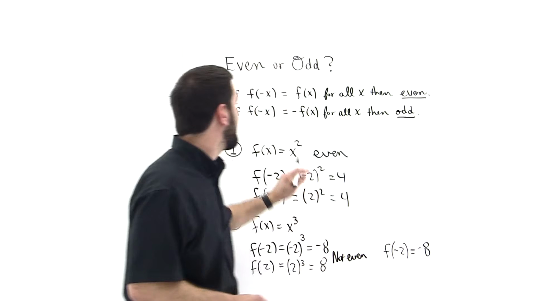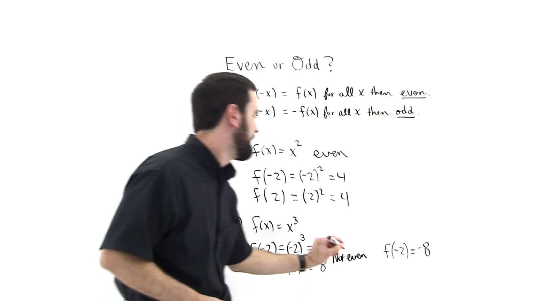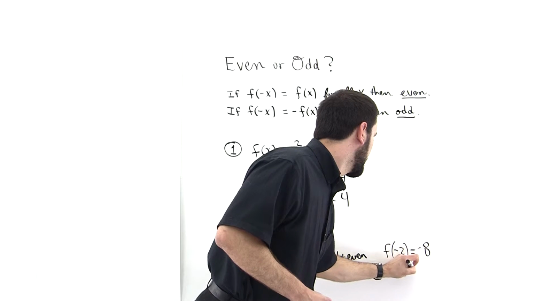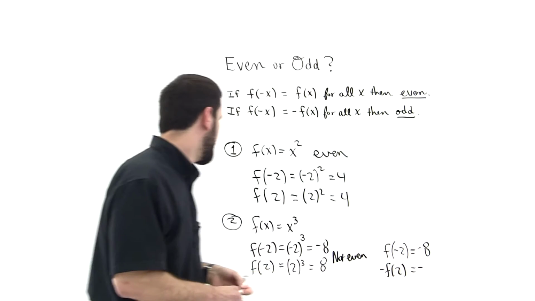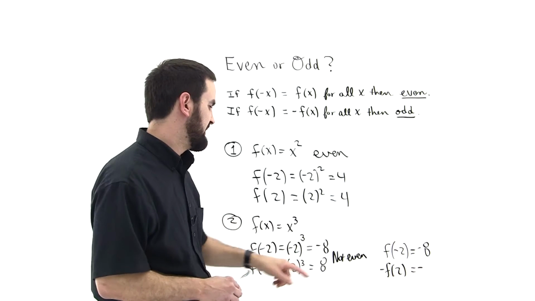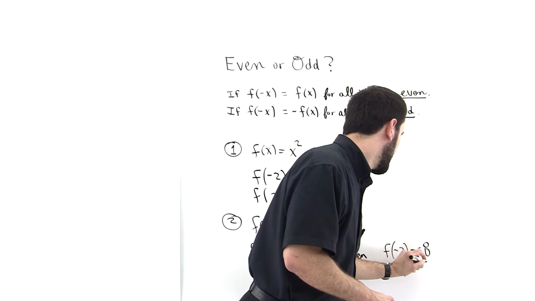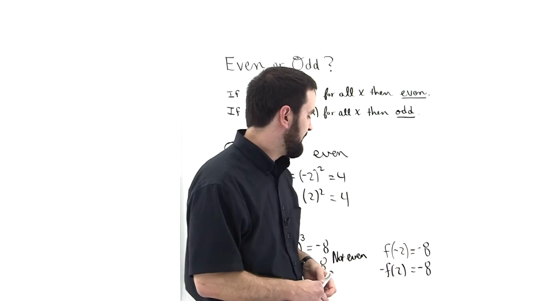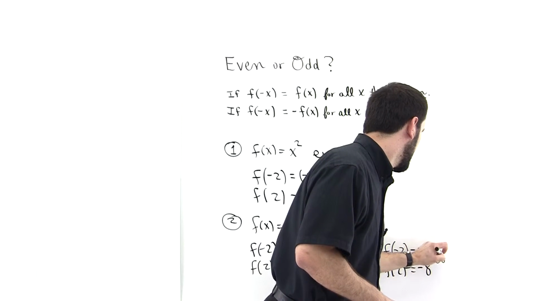And then we need to find negative f of 2. Notice that we found f of 2 here to be 2 cubed equals 8, so negative f of 2 is negative 8. So because these two numbers are the same, this function is odd.